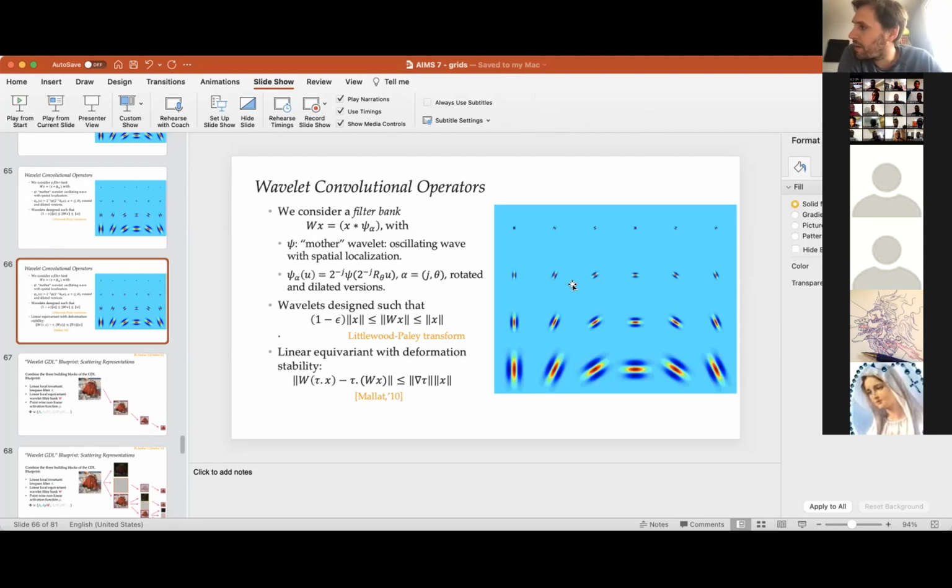If you have domain deformation, Michael is going to show you what happens in that case. But the punchline is that the conclusion is essentially the same. Domain deformations can also be stabilized by a representation that is essentially multiscale. You can take the domain and look at its spectral properties, the eigenfunctions, and when you apply a deformation to the domain, there are some aspects of this spectrum that are stable, that are preserved.